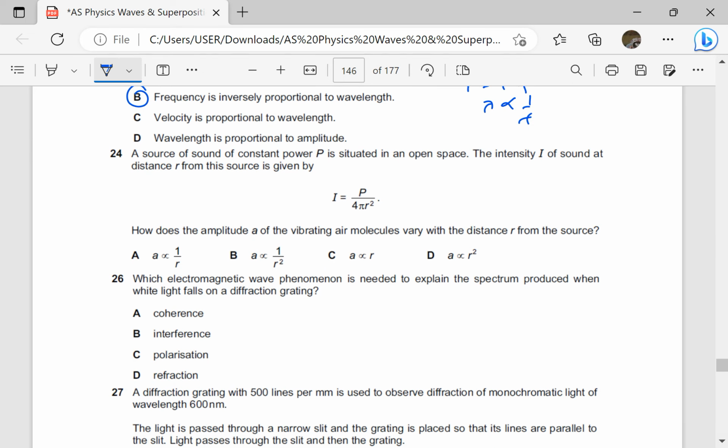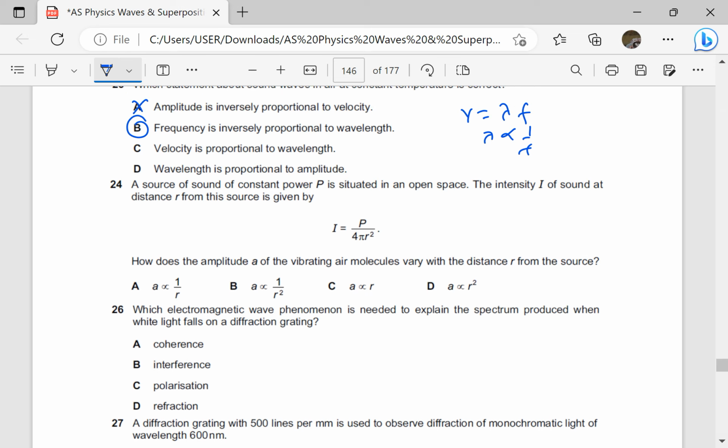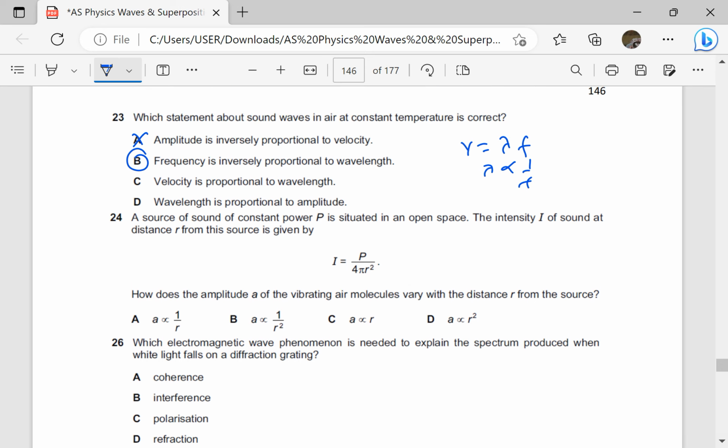The source of sound of constant power P is situated in an open space. The intensity I of sound at distance R from this source is given by that equation. How does the amplitude A of the vibrating air molecules vary with the distance R from the source? Okay, this is a simple equation.